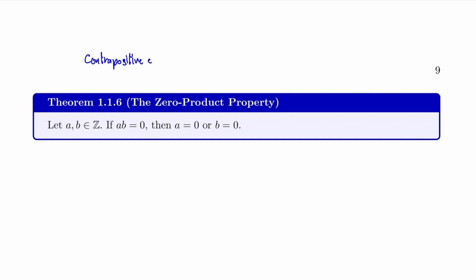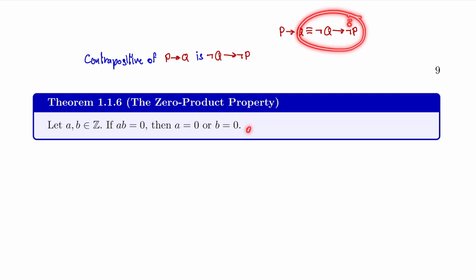For example, the contrapositive of the statement "if P then Q", where P and Q are two statements, is "if not Q, then not P". Meaning, "if P then Q" is equivalent to "if not Q, then not P".